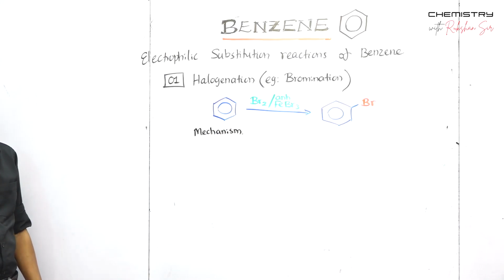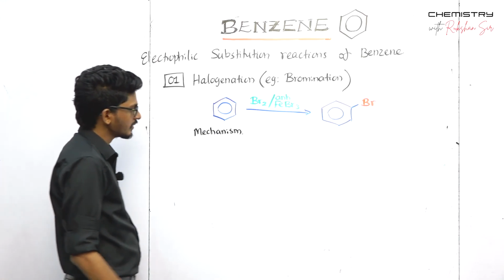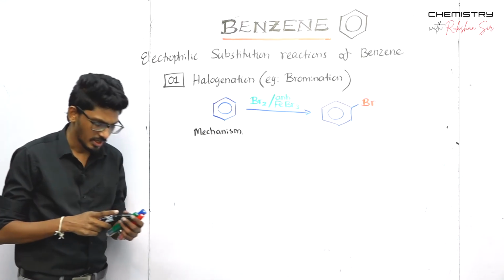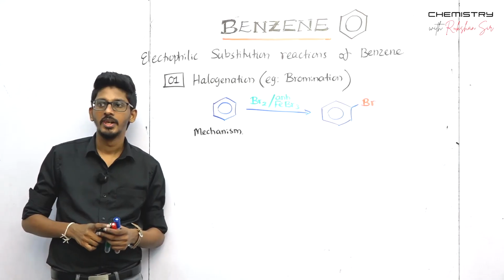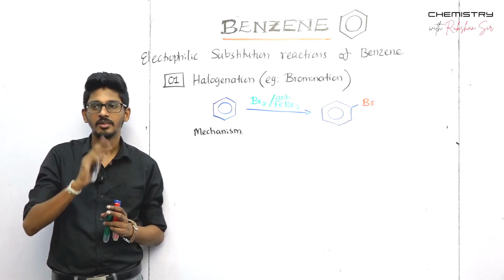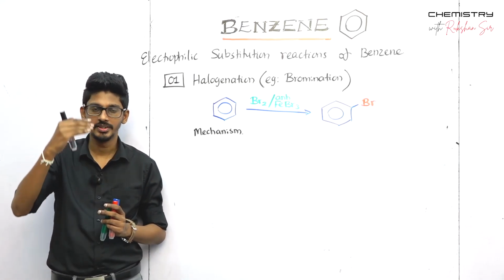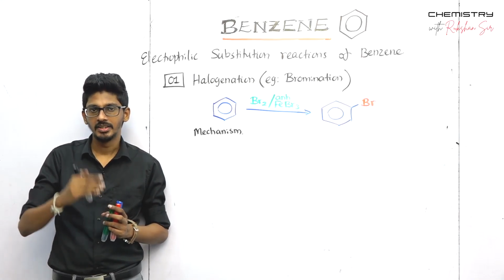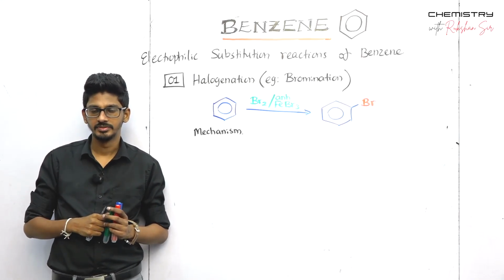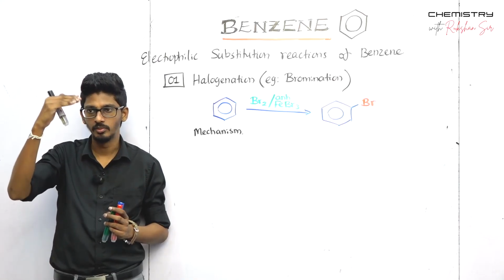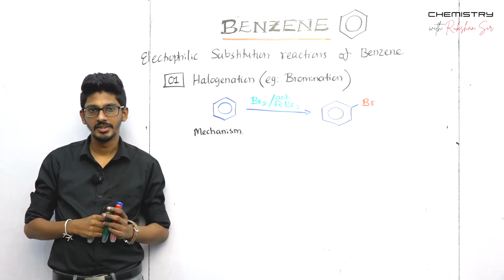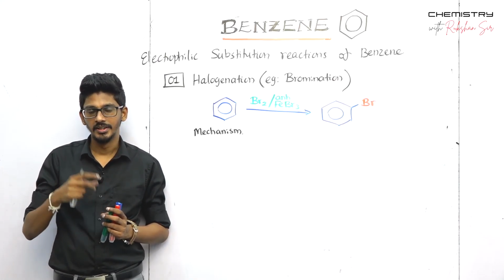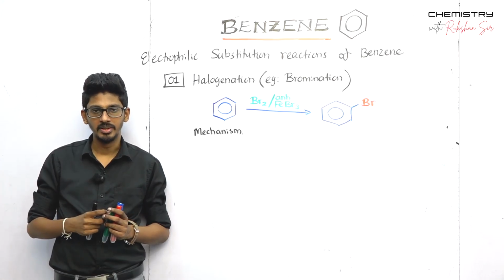Mechanism of this stuff. Okay. So actually, benzene mechanisms are with 4 steps. All the mechanisms carry these 4 steps, one after the other, in the same order, to come up with the ultimate product.